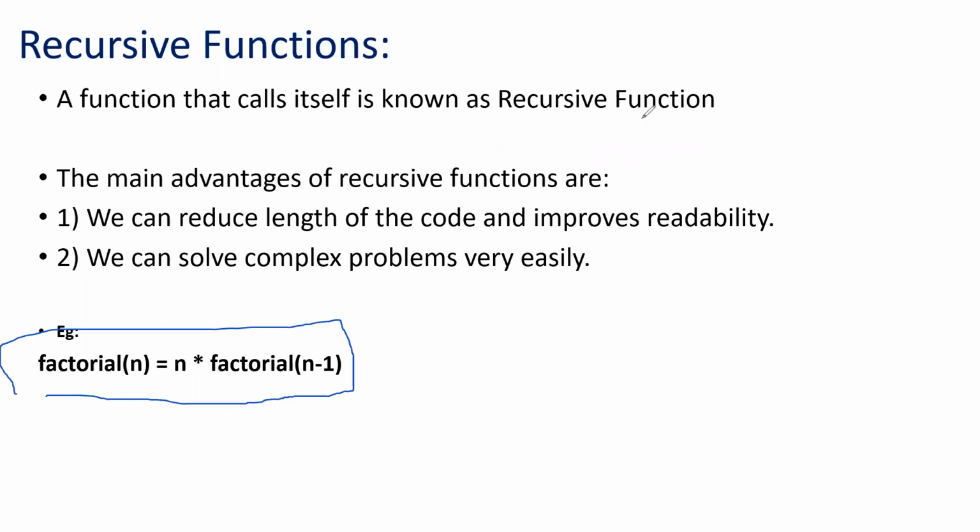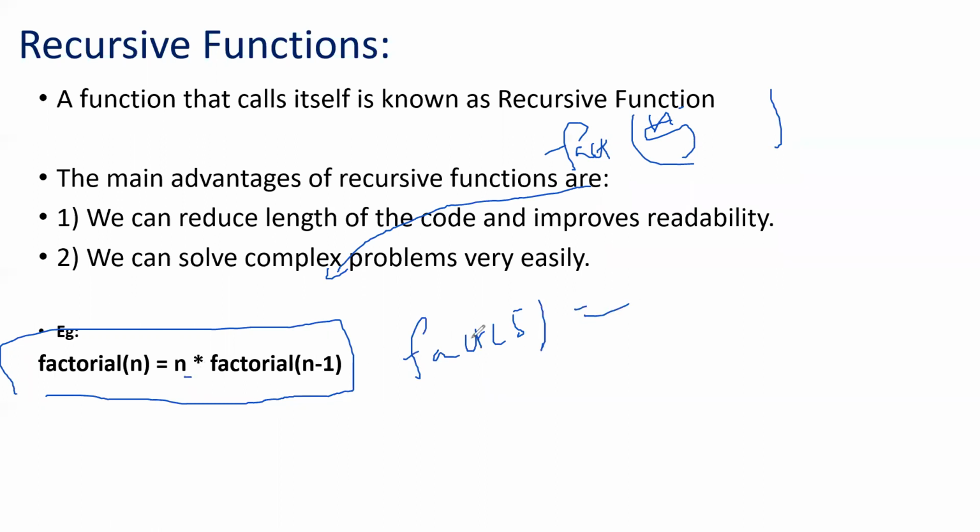Now I want to find out for n equal to 5, that means 5 factorial. What is the formula? Factorial 5 equal to, n means 5, right? 5 into fact, I'm writing only fact as I'm using the mouse, so I cannot write everything.